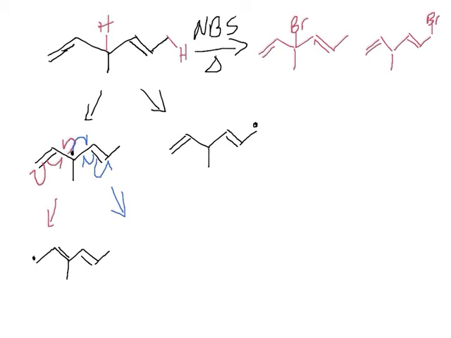Now in this case, this is still good. This is here. Here, boom, boom, right? 2 more intermediates, 2 more resonance structures. So each one of those would have led to a product, right? So we got to put bromines over there too. Those dots.